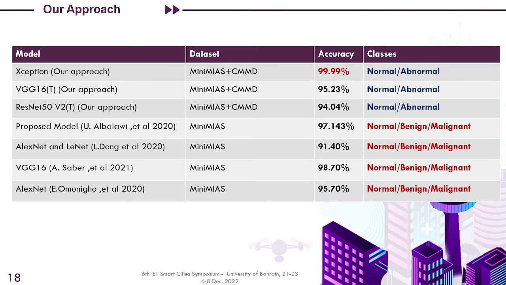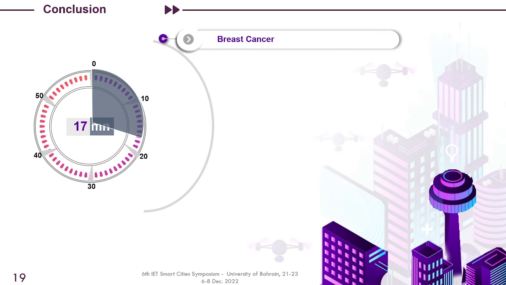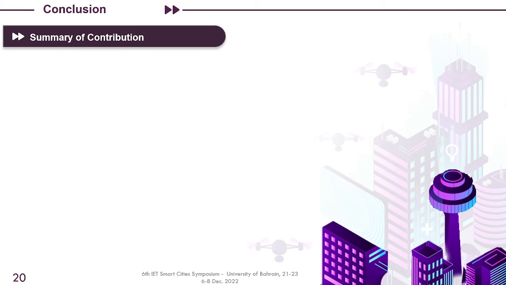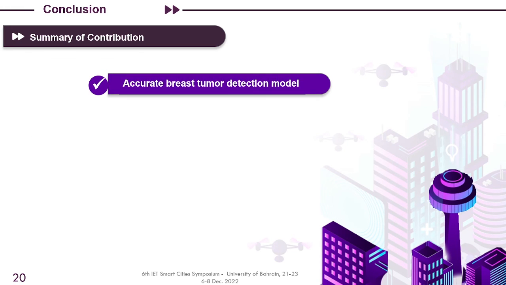However, when compared to previous studies, especially those in the same context as ours that used pre-trained models, our results were way better, as you can see in the table. So, to sum up, the results of this study show an accurate breast tumor detection model, which proves that our approach was useful.